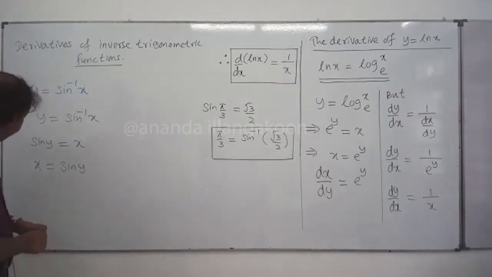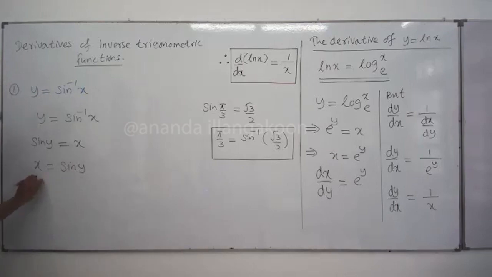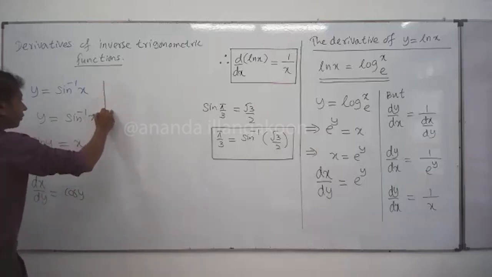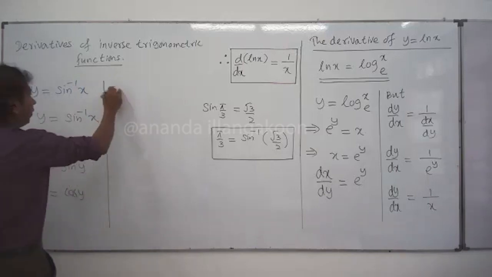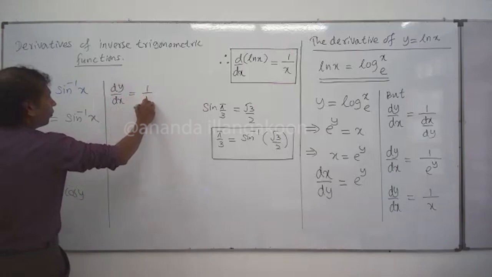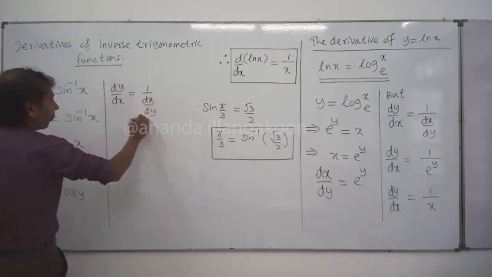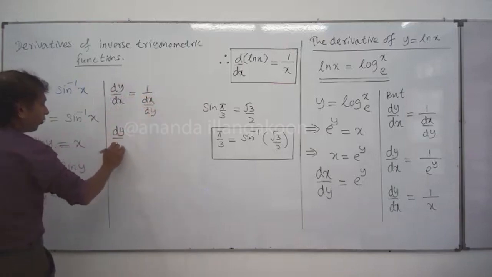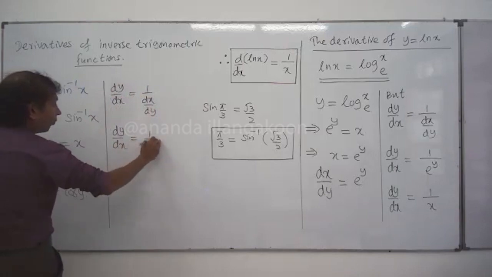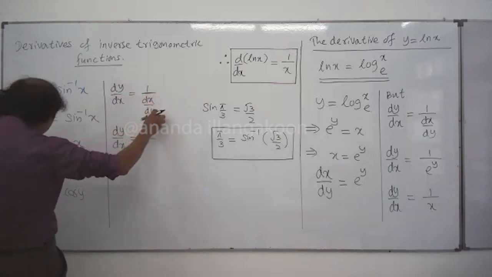Then here we can write, people, dx upon dy. What's that? Derivative of sine is cos, since here we have y, cos y. Now we can write dy by dx is equal to 1 upon dx upon dy. Then dy by dx is equal to 1 upon cos y.